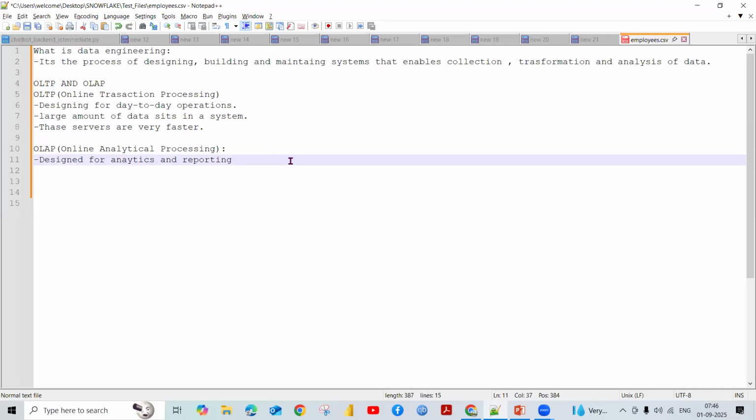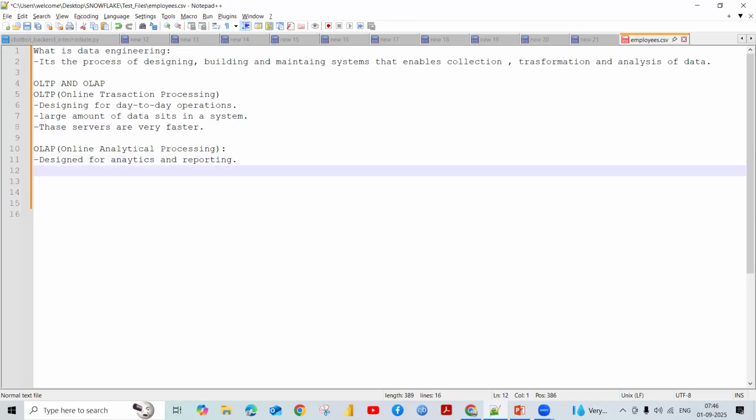Then only can you compare year over year, month over month, or the last five months of transactions. OLTP servers are very fast, but the database systems are very small in size, whereas OLAP systems are very huge in data size.